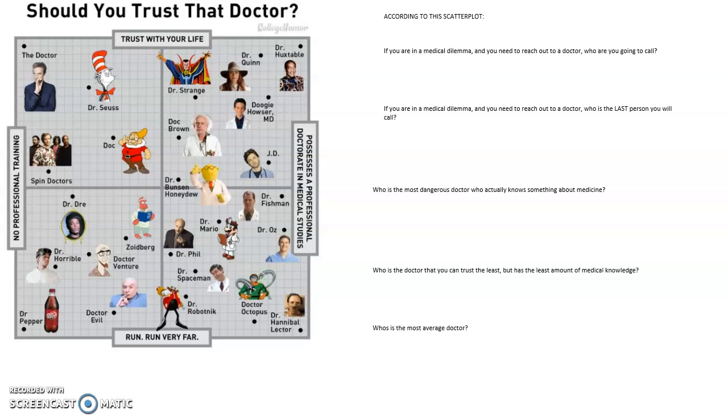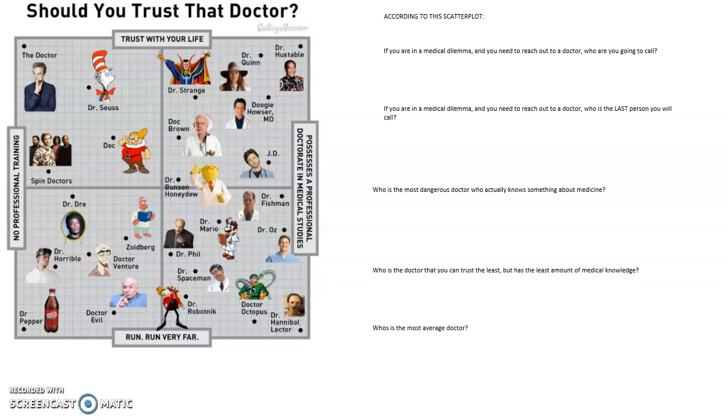So this says, according to the scatter plot, again, your opinions may differ, but we're not really asking opinions here. We're saying, based off of this chart that's presented to us, if you're in a medical dilemma and you need to reach out to a doctor, who are you going to call? So I'm thinking we want somebody who is definitely a medical professional, so somebody on this side, right?